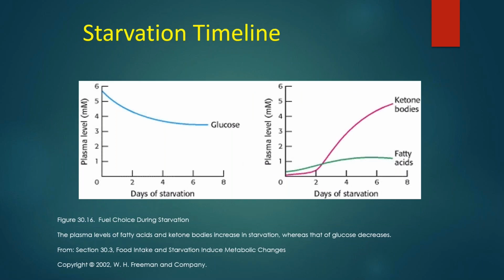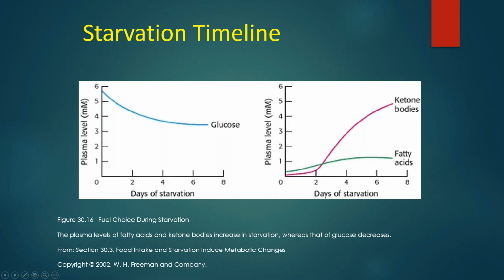These two graphs show you the levels of glucose and fatty acids during starvation, and how they affected the plasma levels of these two molecules. As the days of starvation go on, your glucose level goes down. Now we know that the brain needs energy in the form of either glucose or, as I told you earlier in the second lecture, ketone bodies, which are one of the major sources for our brain.